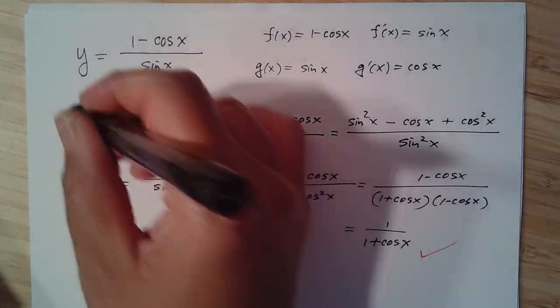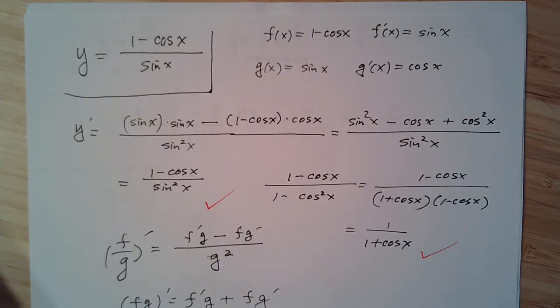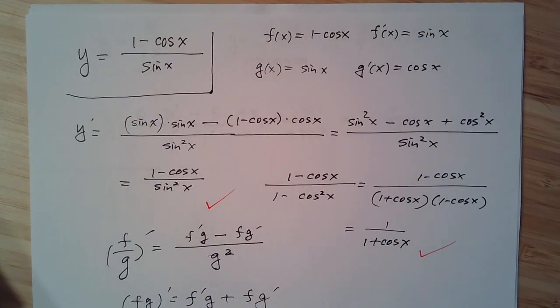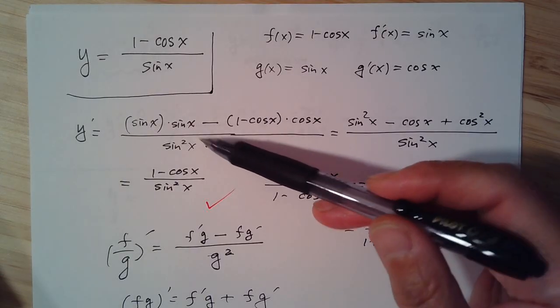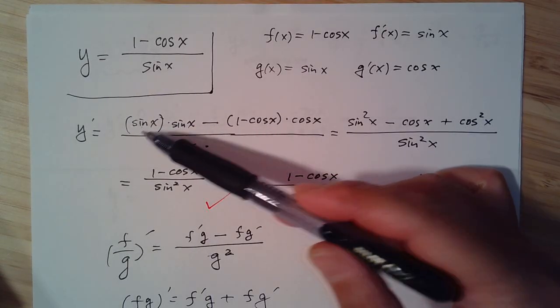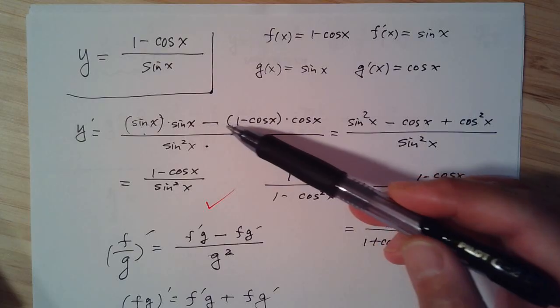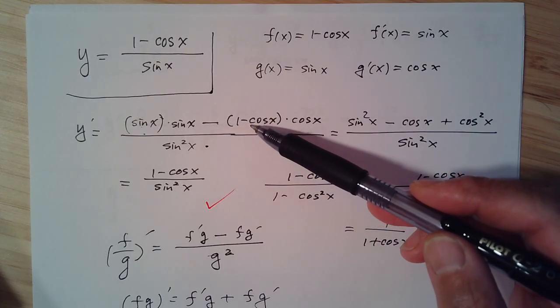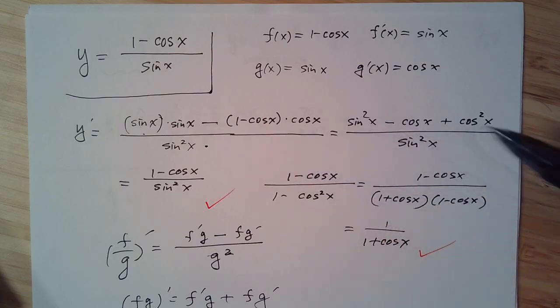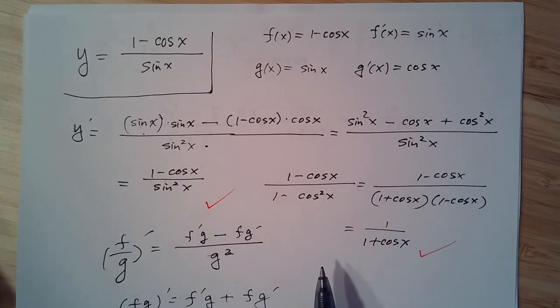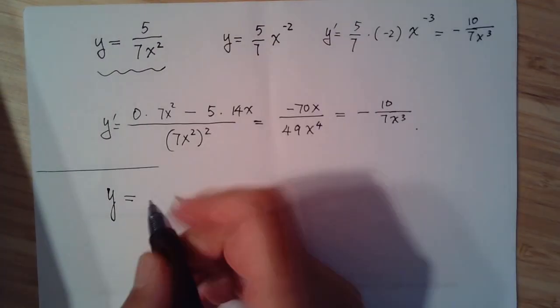I give you y equals 1 minus cosine x over sine x. And then we used the quotient rule, with the denominator squared and then the derivative of the numerator times the denominator minus the derivative of the denominator times the numerator. Okay, so anyway, we get the same answer, but I want you to try different ways.